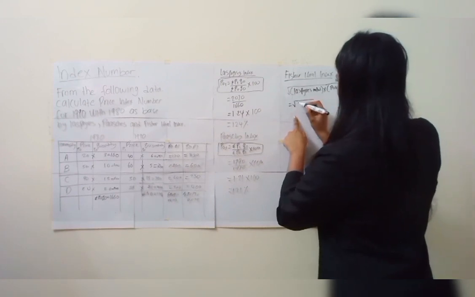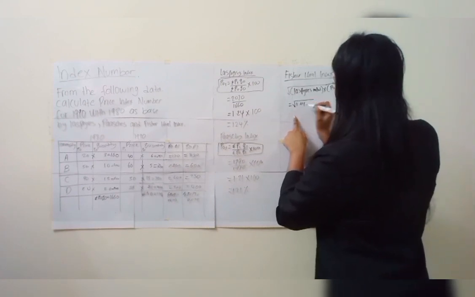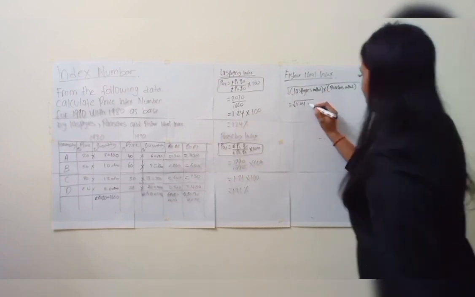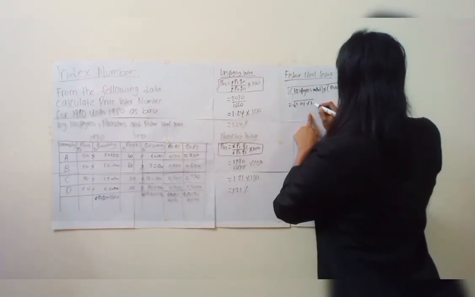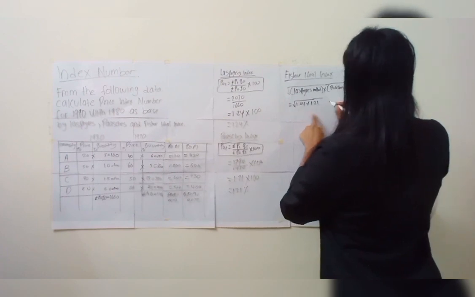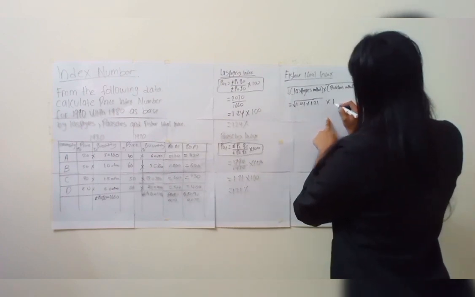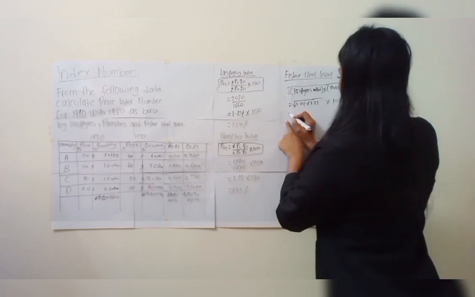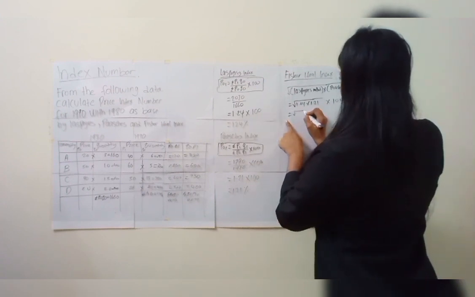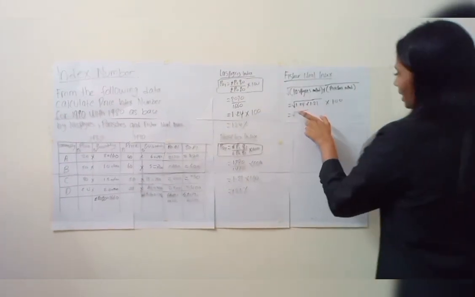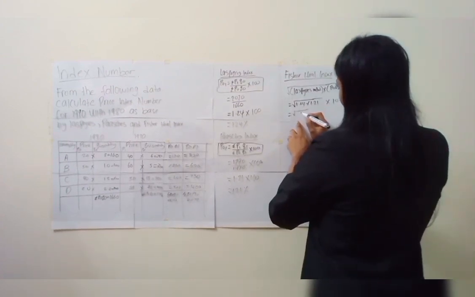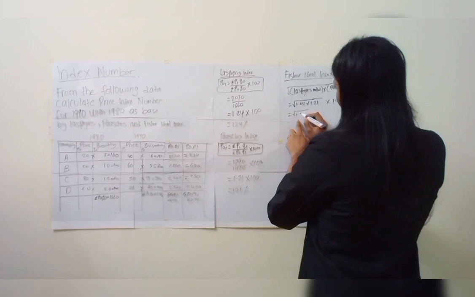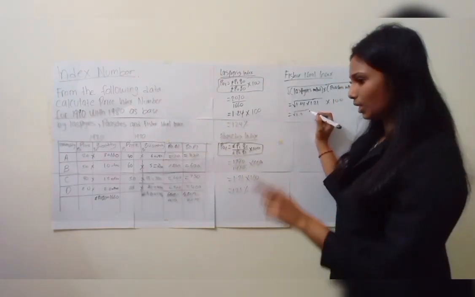So 1.24 times 1.21, and then times 100. So the answer is 1.5004.